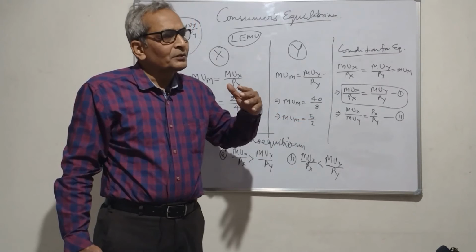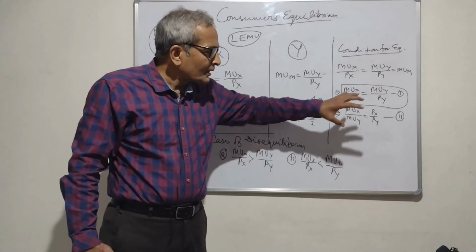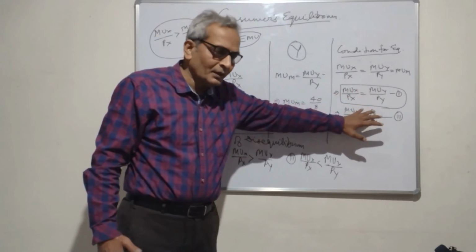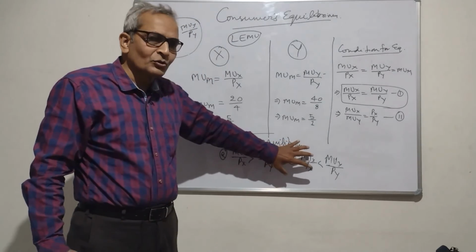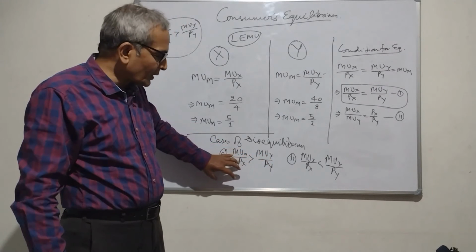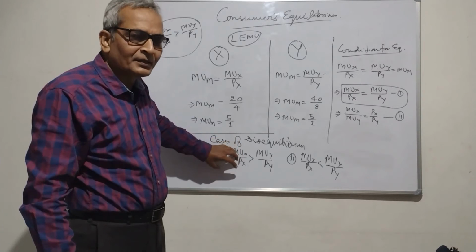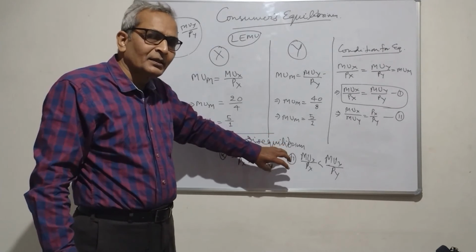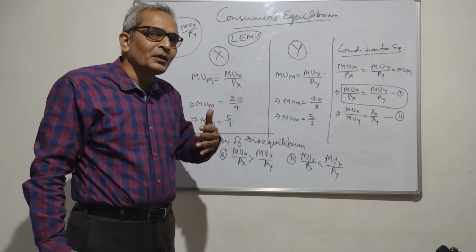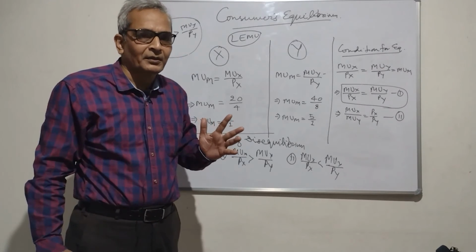So, what we need to remember is this condition, MUX by PX equal to MUY by PY, and these two cases of disequilibrium, and when there is disequilibrium, whether the marginal utility of money of X is greater or Y is greater, and in these two cases how the consumer reacts and how he or she strikes his or her equilibrium.